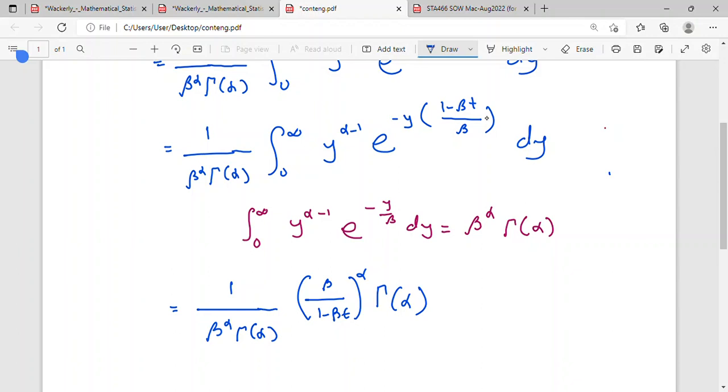So, this part, kita boleh eliminate. Beta alpha pun boleh eliminate. So, tinggallah 1 over 1 minus beta t power of alpha. Ataupun 1 minus beta t power of negative alpha.